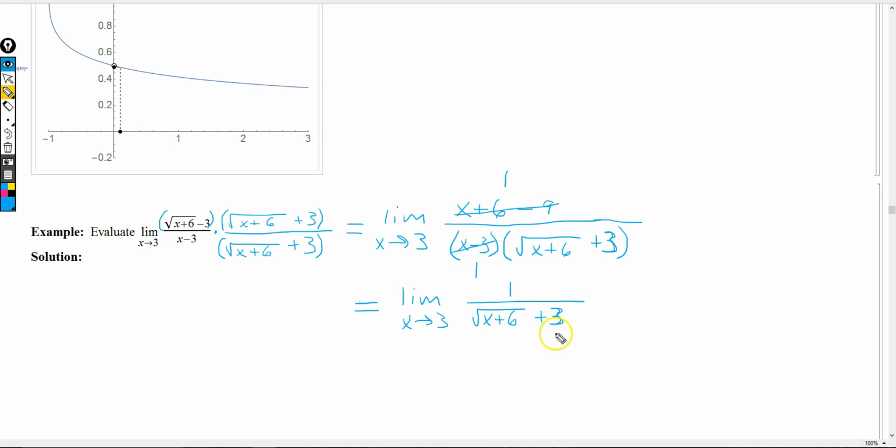There's no problem doing that. We won't be dividing by 0 when we do that. And we end up with 1 over the square root of 9, which is of course 3, plus 3, and we get 1/6. And that's our answer. All right, let's try one more.